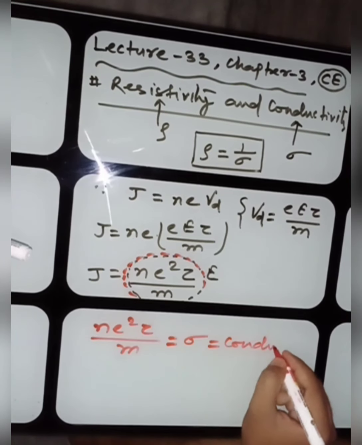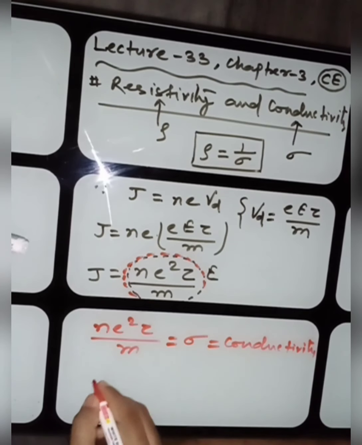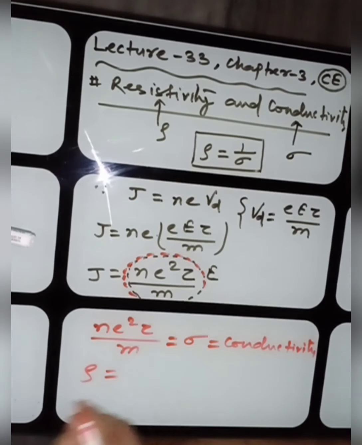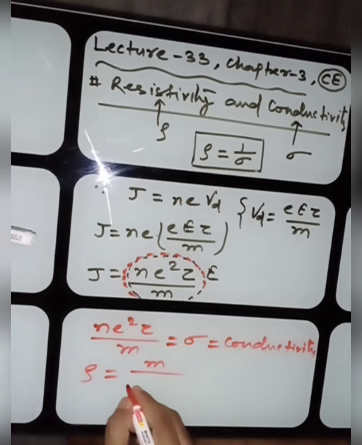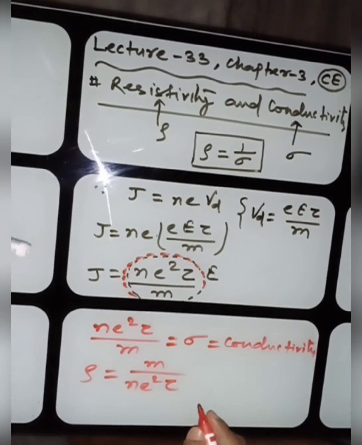This is the conductivity, and its reciprocal is the resistivity, that is m by n e square tau, and this is the resistivity.